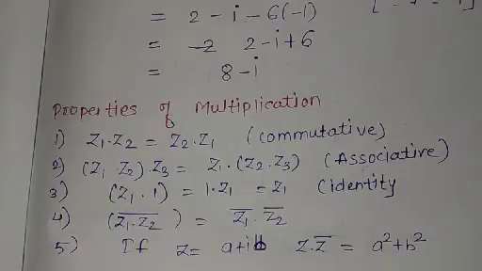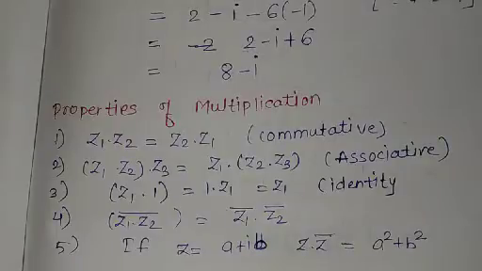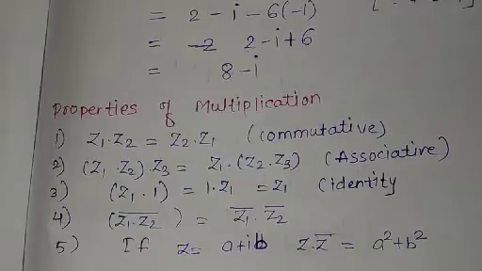This is nothing but the commutative property. Our second property is, consider three complex numbers, z1 into z2, the multiplication of the first two complex numbers, into z3 is equal to z1 into the multiplication of the other two, that is z2 into z3. So this is the associative property.